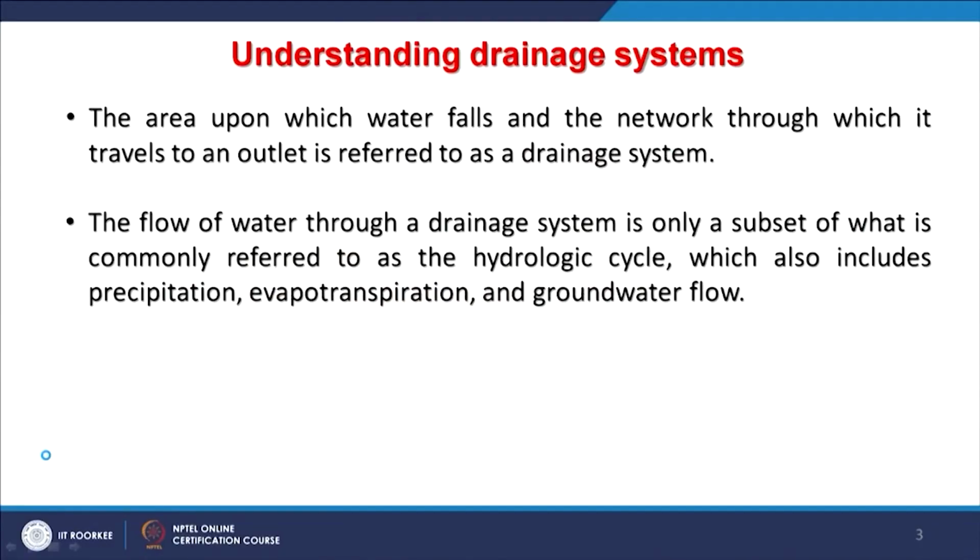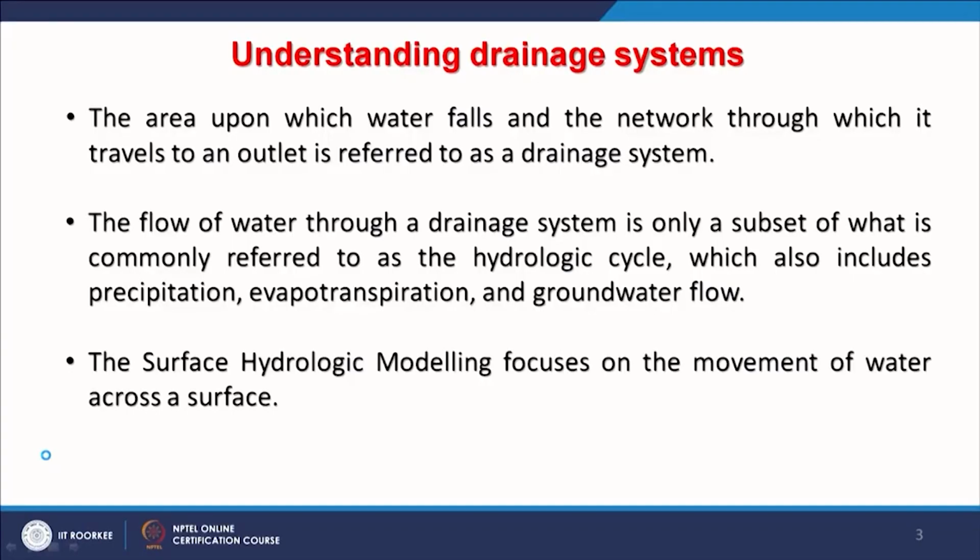So, the hydrologic cycle is very big. But there is a contribution of the drainage system to the hydrologic cycle, which also includes, as I mentioned, precipitation, evapotranspiration, and also groundwater flow.